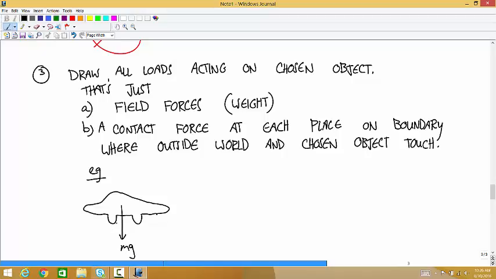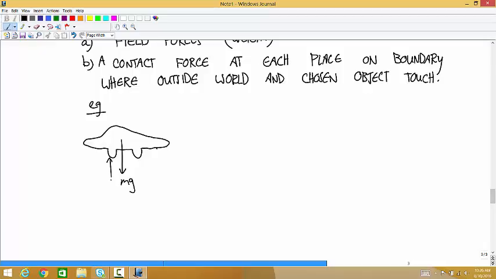I'm going to say that we know the directions of these forces. I'll talk about how we know the directions of forces later, but I'll call that F1 because that's a place where the outside world, the grass, contacts the boundary. Then just keep cruising around the boundary and you get to another place where there's a force F2 where the grass contacts the boundary.